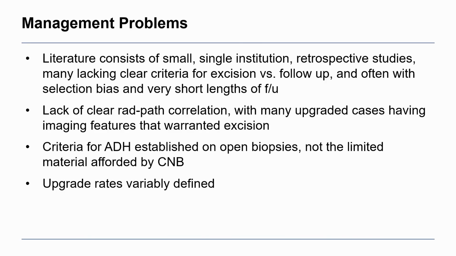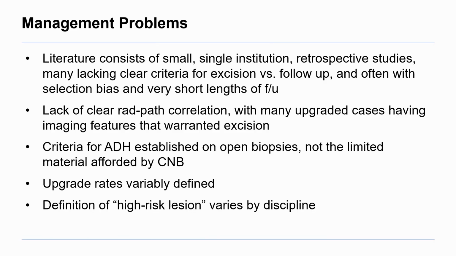And upgrade rates are variably defined. Some people include atypias in their upgrade rates. Other people restrict it to carcinomas in situ and invasive carcinomas. That's why we have this very broad range of defined upgrade rates. And finally, the definition of high-risk lesion varies by discipline.